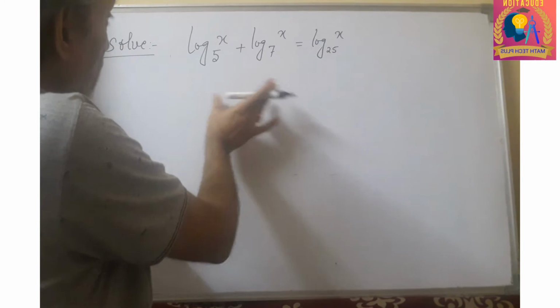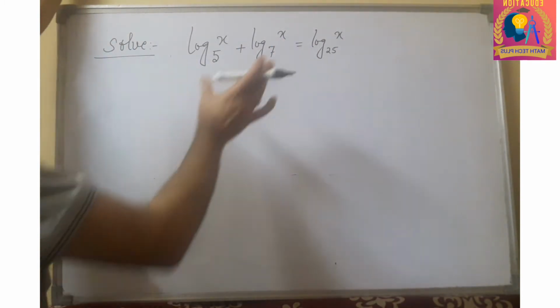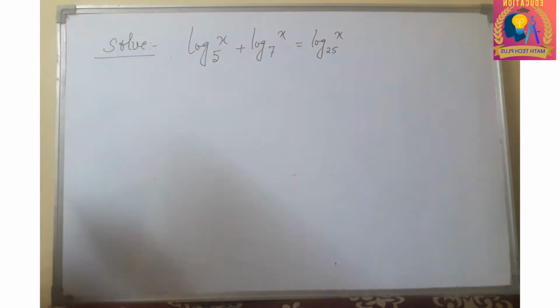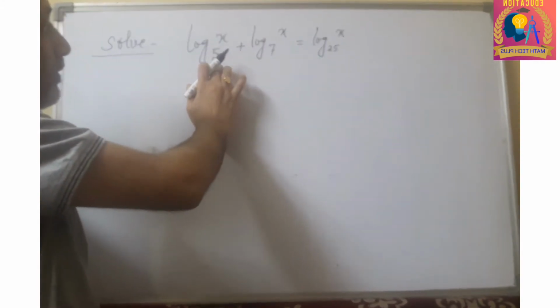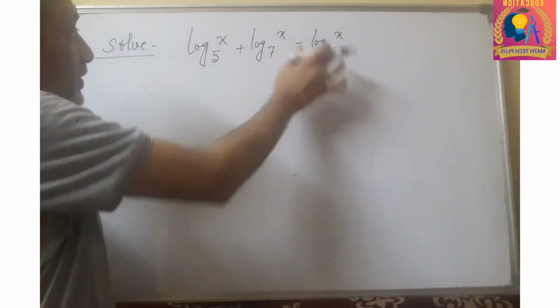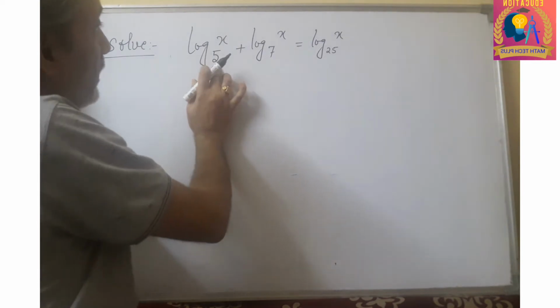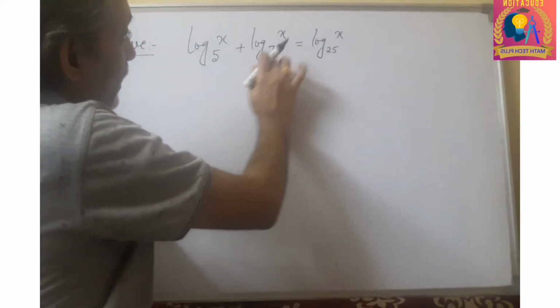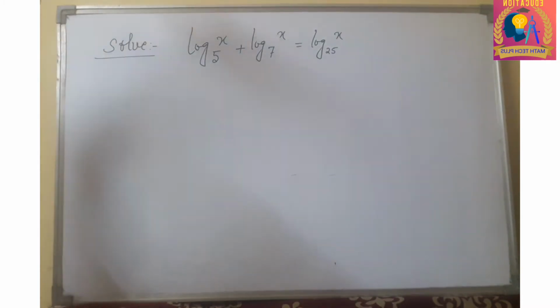Since, as you can see, it has three terms, two on the left hand side, one on the right hand side, but with different bases. Here it is base 5, here it is 7, and here it is 25. So how to proceed?